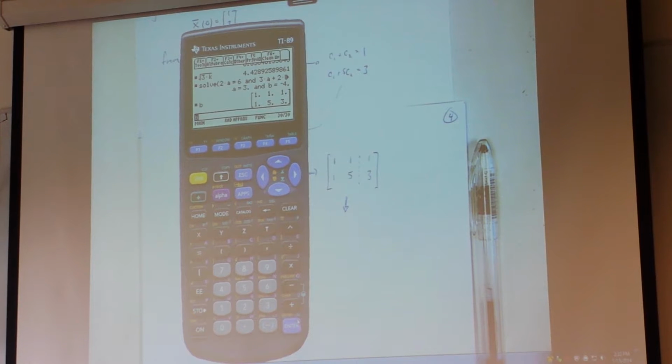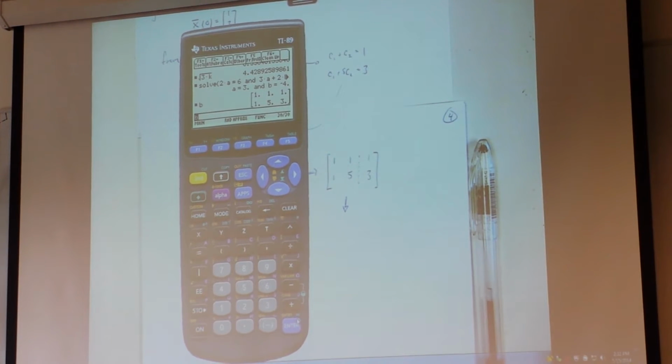What I want to know is what 1C1 plus 0C2 is equal to, right? That would tell me that C1 equals this. I'd also like to know what 0C1 plus 1C2 is equal to, because that will tell me the solution for C2. Okay? So we want that matrix to be in this form.